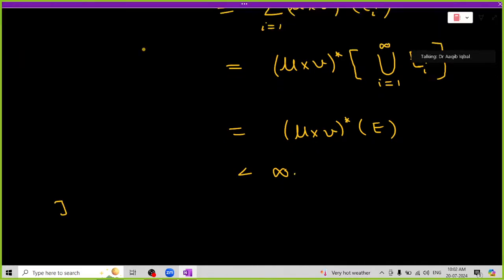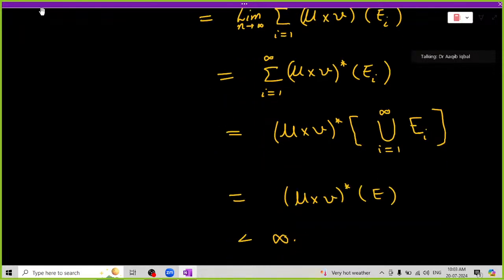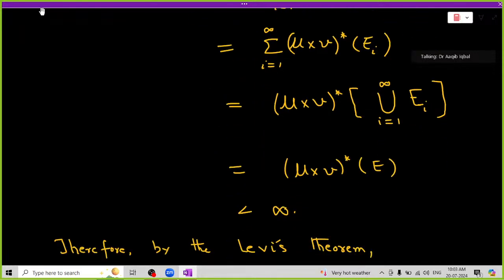Full stop. Therefore, by Levy's theorem, there is an integrable function and we can commute integral and limit. The first thing Levy's theorem offers is that the limit of fn's is integrable, because there is an integrable function, and that integrable function is eventually going to be the limit of fn's.